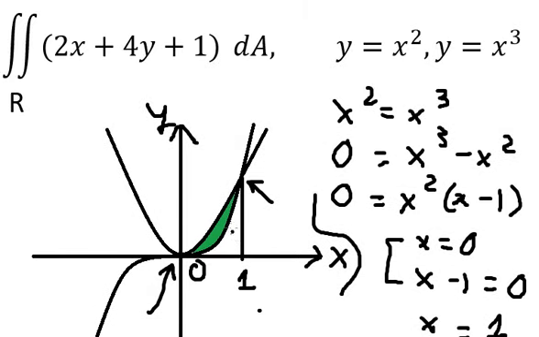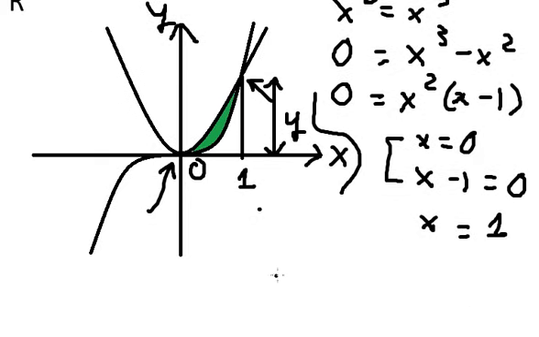Now we have y, that should be in here. We see that y is between s squared and s to the power of 3. So for y, it should be from s to the power of 3, because this is the lower, and s squared is the upper in here.